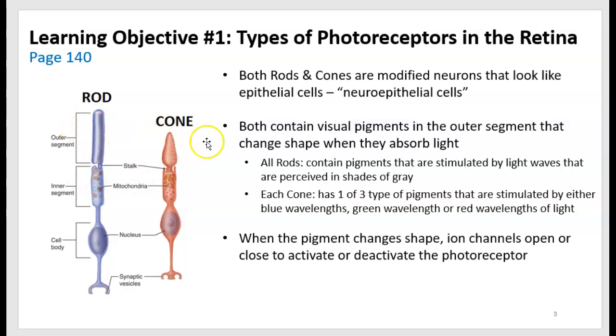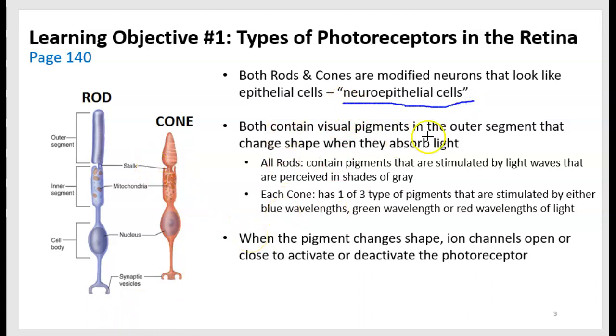Now, both of these types of cells respond to light waves. They're stimulated by light waves, and in response, they will most likely send a signal to another cell. And that's very much like a neuron. So they're not neurons, but they're often referred to as neuroepithelial cells.